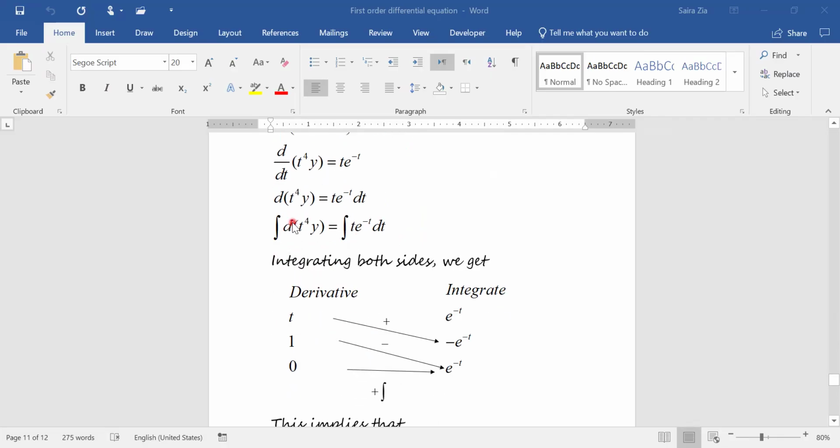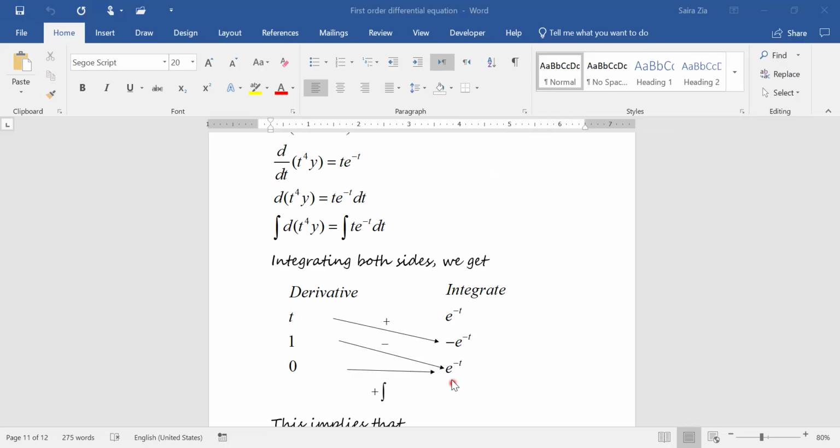For the integral, the integral and derivative cancel out, so we are left with t to the power 4 y. But on this side again, this is the product of two functions, so we will use tabular integration. For the integral we select e to the power minus t, and for the derivative, since this is a polynomial, we select t. t's derivative is 1, 1's derivative is 0, but for the other column we always have the same e to the power minus t with alternating plus and minus signs. So here we get 0 and we stop, then multiply these terms with the plus and minus signs.